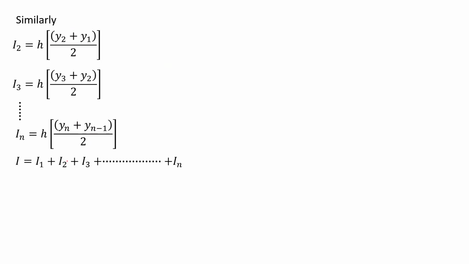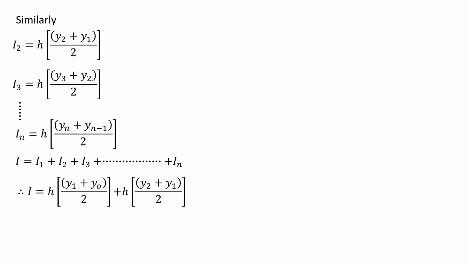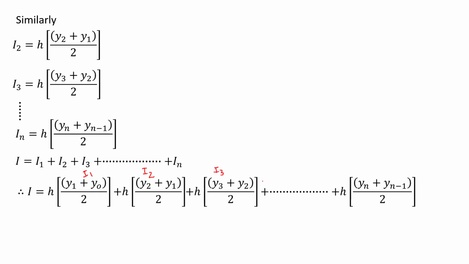The total area under the curve is the addition of all these values, I1 plus I2 up to In. Putting in these values one by one, this is I1, this is I2, then I3 and so on up to In.